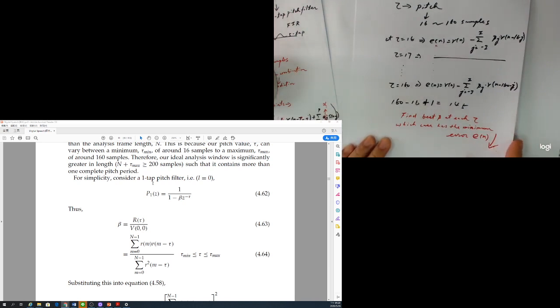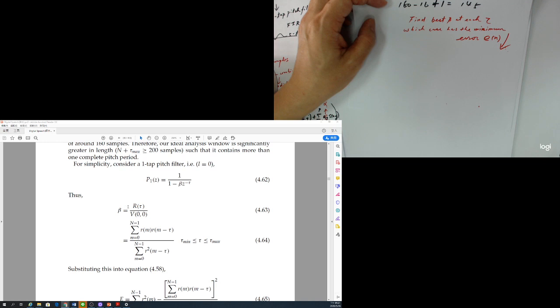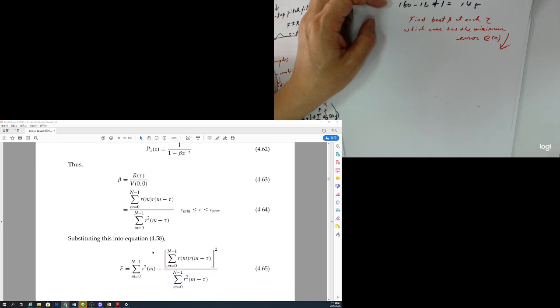So you can see, if P1 equals this, they can get a beta and also your error function like this one.